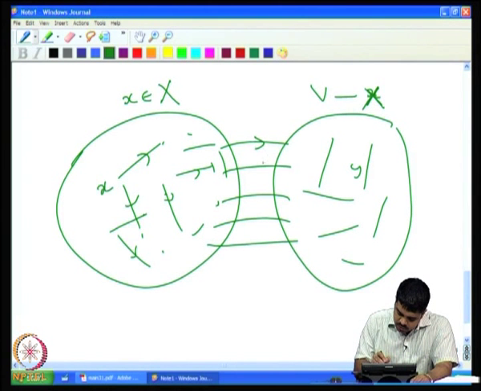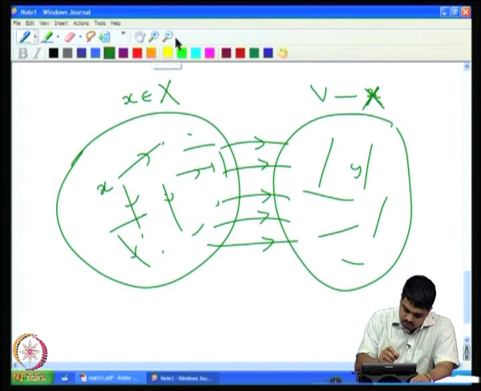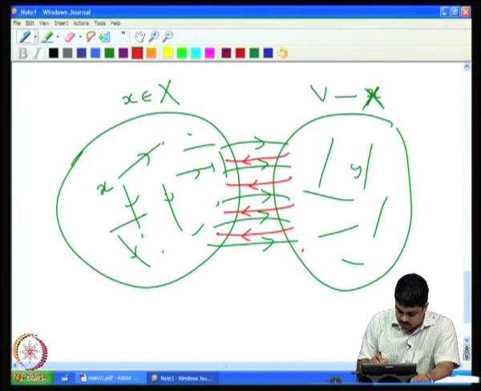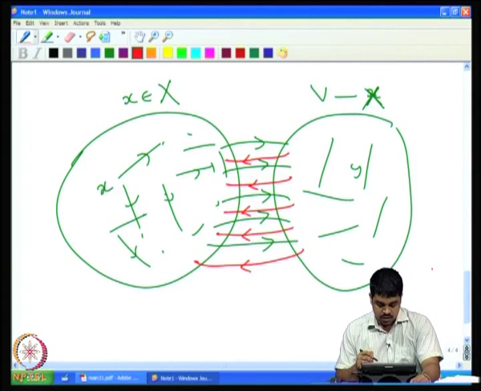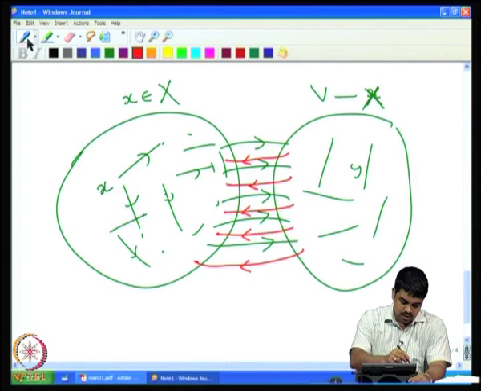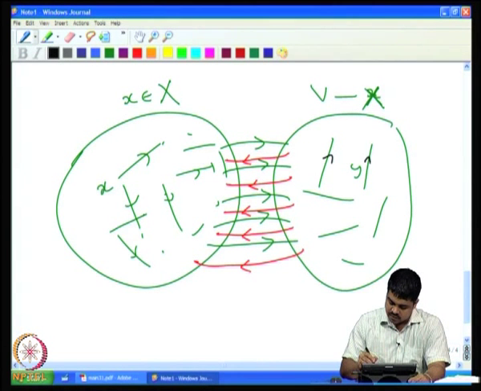You should also count the arcs which are directed backward from this x to y, so some from this side to this side. There are several edges inside with various directions.